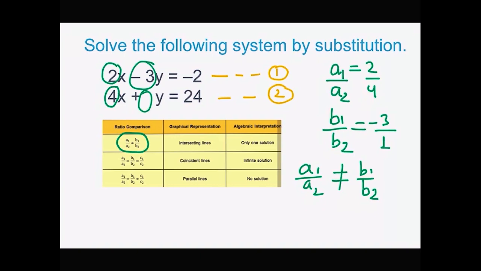When the ratios a1 a2 and b1 b2 are not equal, then it will be intersecting lines, or it will have only one solution. And if the ratios of a1 a2, b1 b2, c1 c2 are all equal, then you will get infinite solutions. And when a1 by a2 is equal to b1 by b2 but not equal to c1 by c2, then there will be no solution.